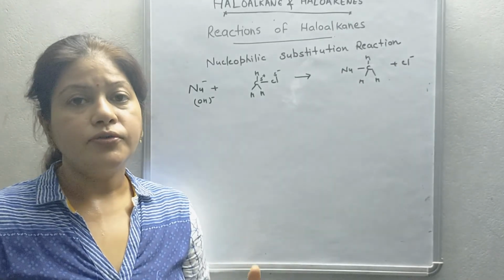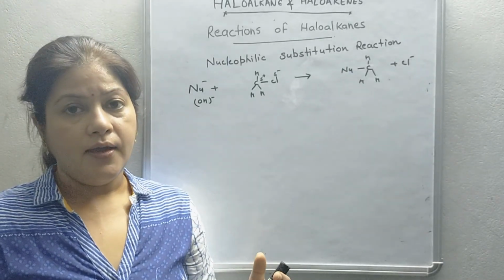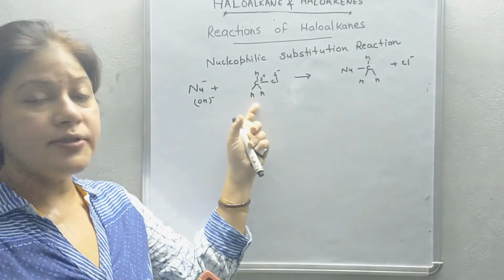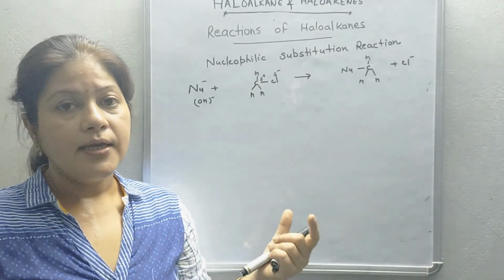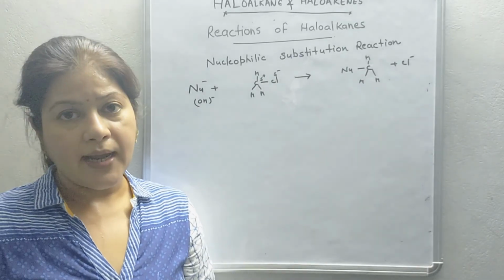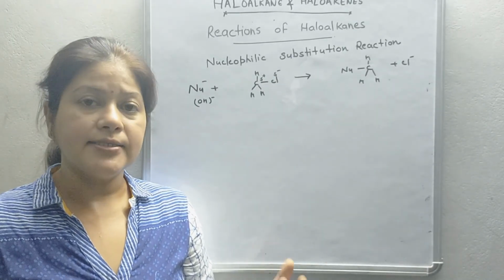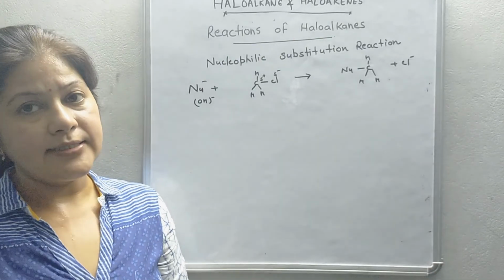It is carried out in two ways, depending upon the carbon side chain or another factor. It is carried out by two different mechanisms. First is SN2 and second is SN1.